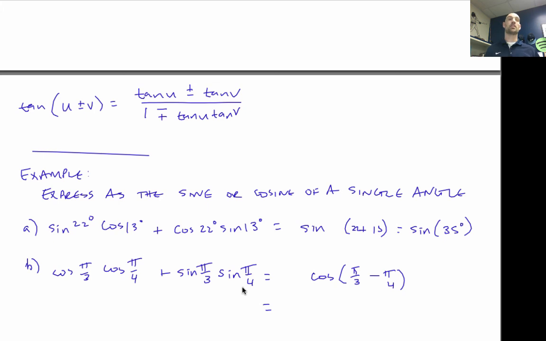A couple ways to do this. You can convert to degrees or just use a common denominator. So this is really equal to the cosine of 4 pi over 12 minus 3 pi over 12. And so that would be the cosine of pi over 12, which again is not on the unit circle, but that's a way that we can get there from here.